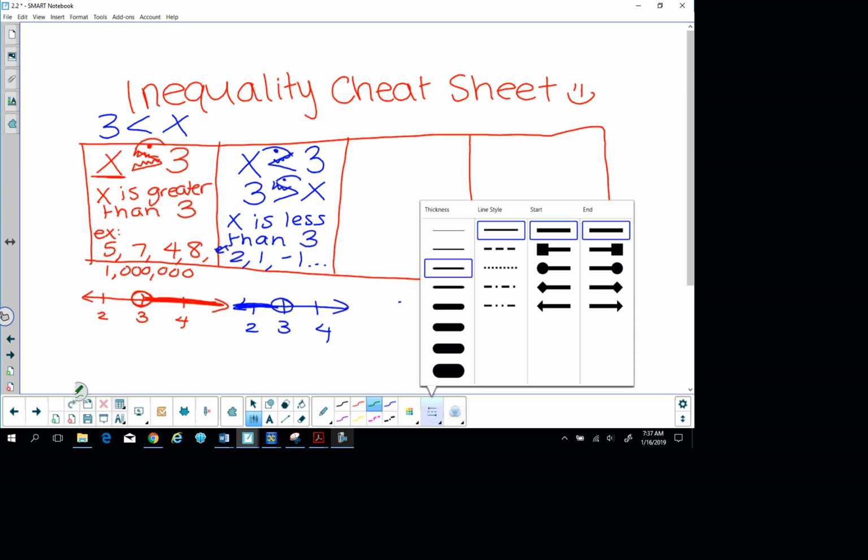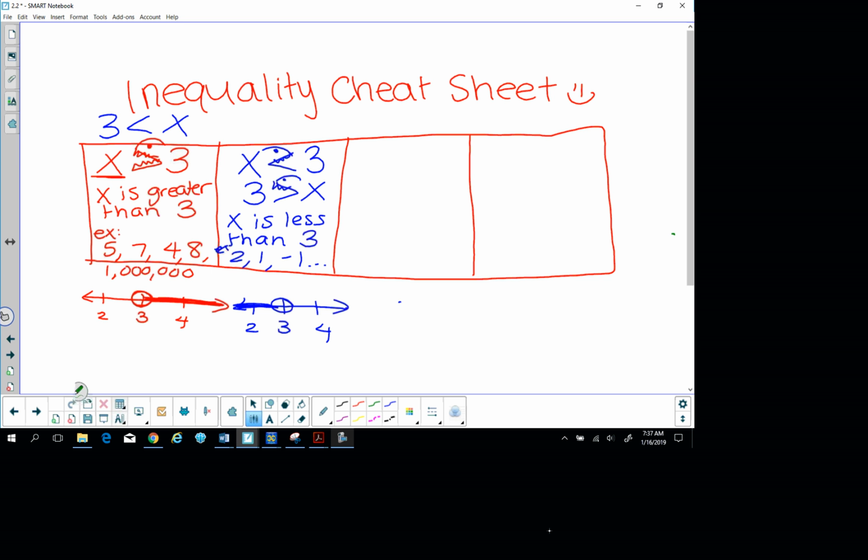All right, next one looks like this. Or it could look like this. They mean the same thing. And we can see the mouth is eating x. So Pac-Man thinks, is x greater than or less than it? Greater than, right?